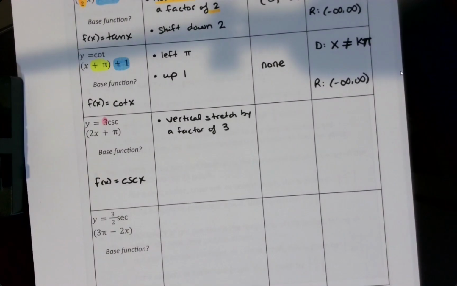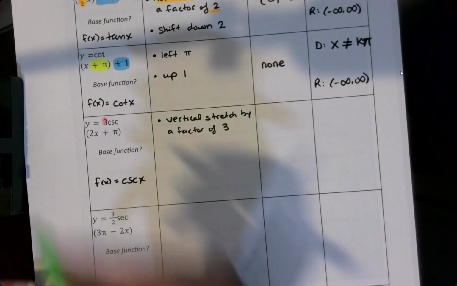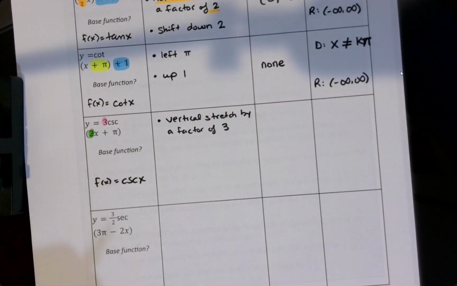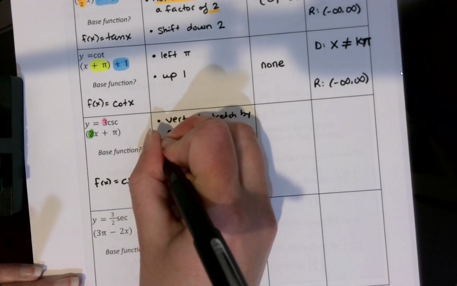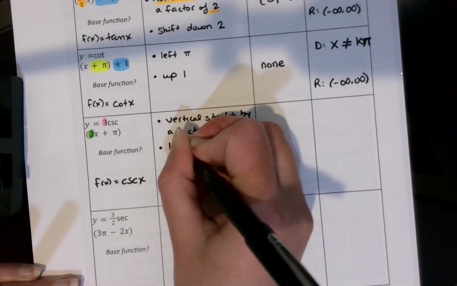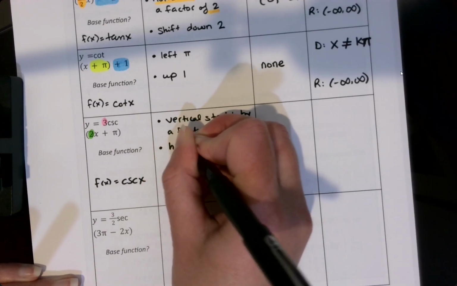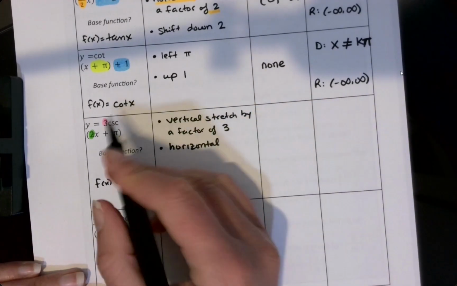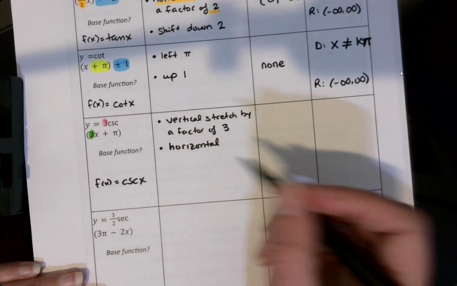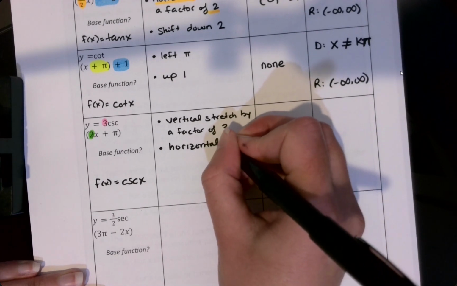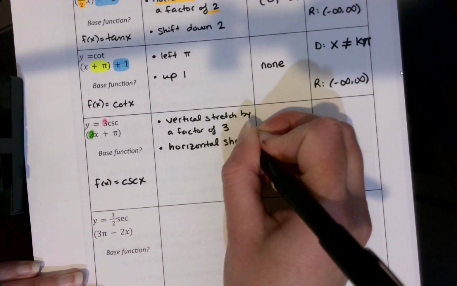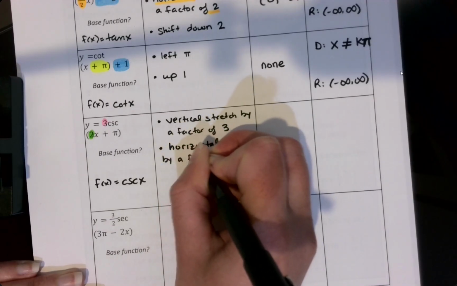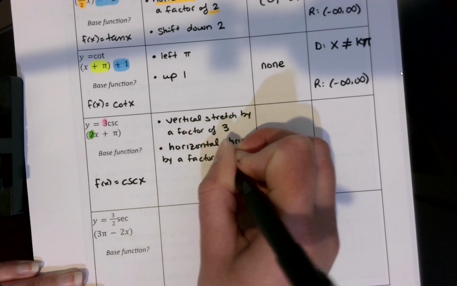Then I have this 2 that's inside with x, so it's a horizontal stretch or shrink factor. Vertical stretch when they're bigger than 1, horizontal shrink when they're bigger than 1. This is going to be a horizontal shrink by a factor of 2.